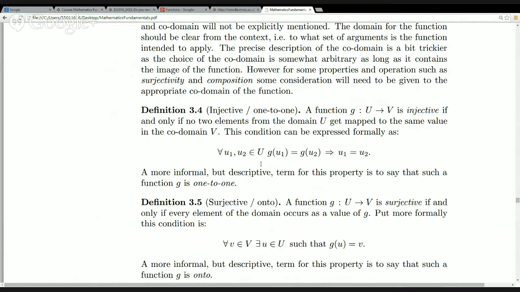So this is the notation to declare that f is a function from a set X to a set Y. X is the domain, and Y is the codomain.